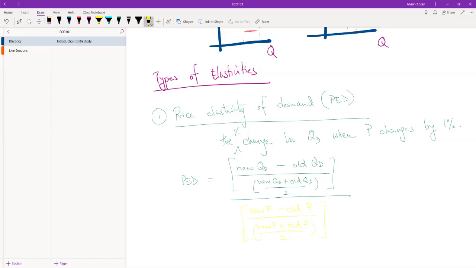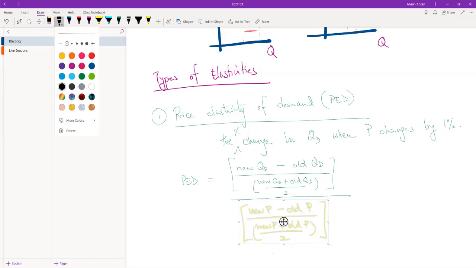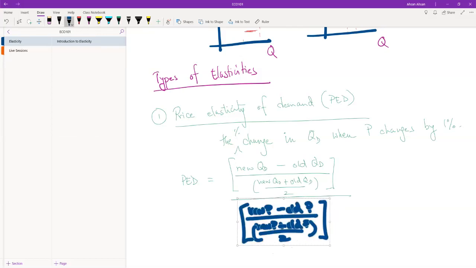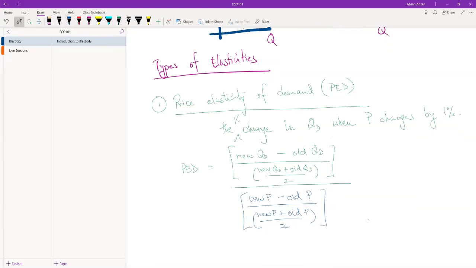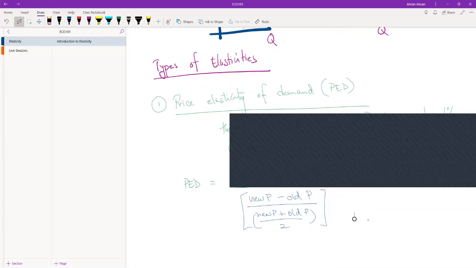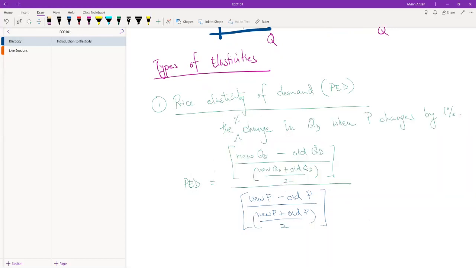Actually, I think some of you may struggle to read that ink, so let me change that into blue. Okay, so hopefully this is easier to read. So this is the formula for PED, and let us solve a problem. Let me set up a problem.